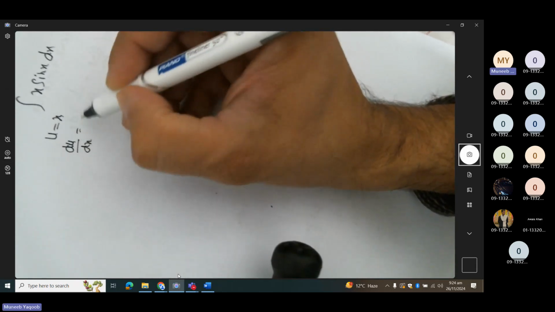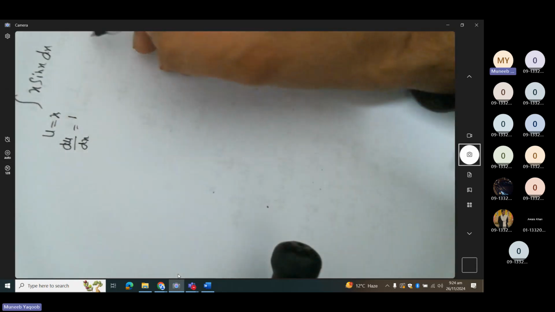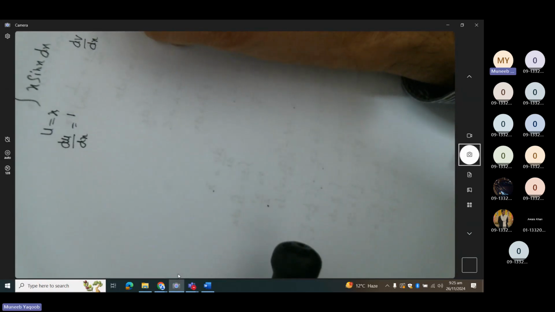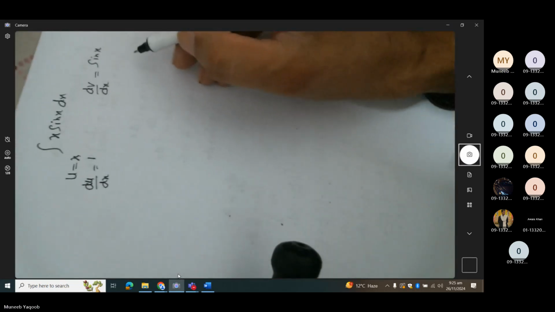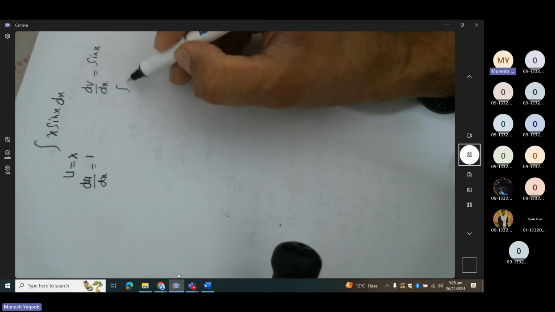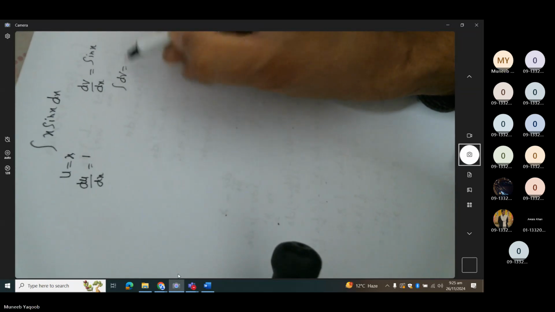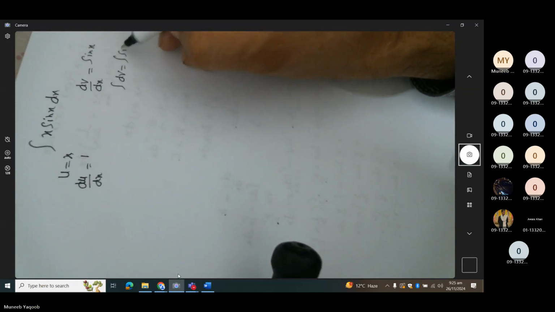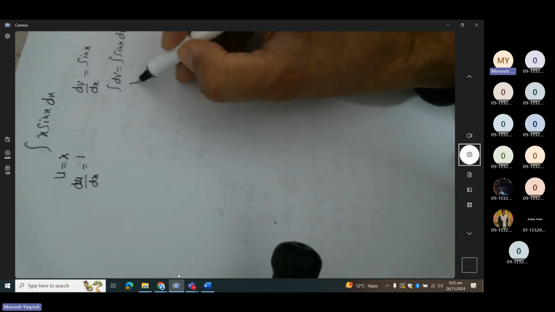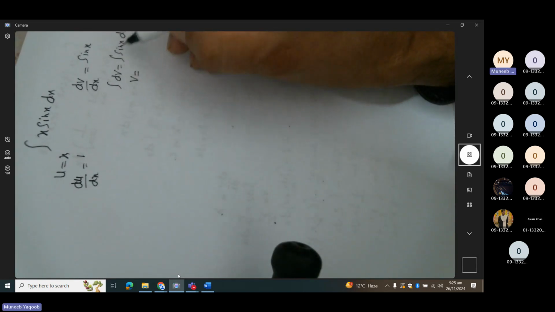The derivative of x is 1. Similarly, we will take dv by dx as sine x. And then we will integrate this dv. So integral dv will be integral sine x dx. So integral dv will be v, and integral sine x will be minus cos x.